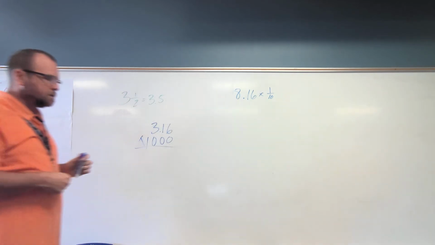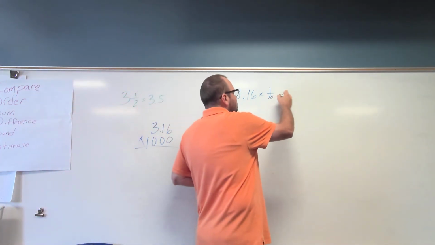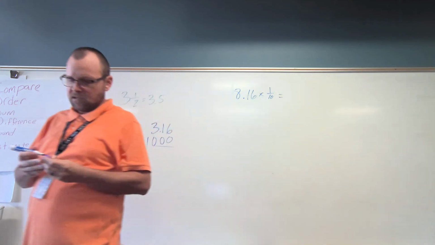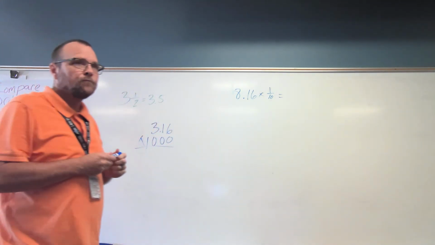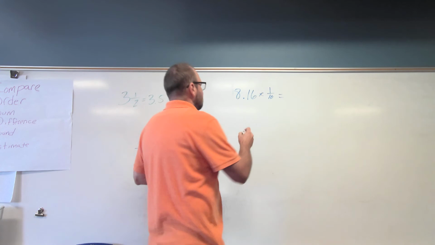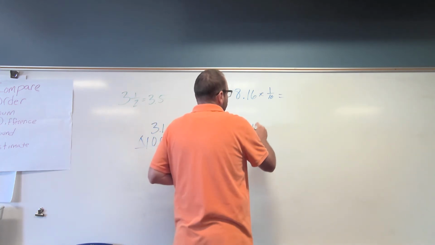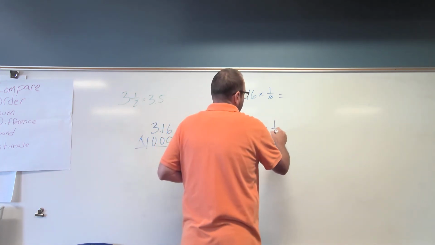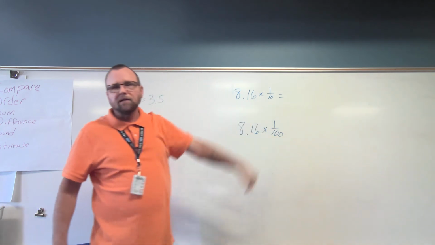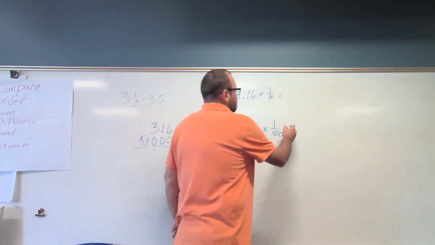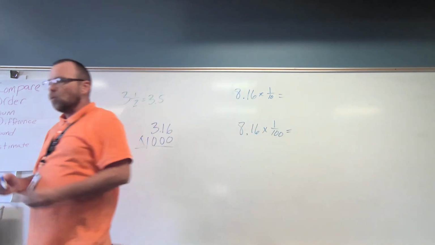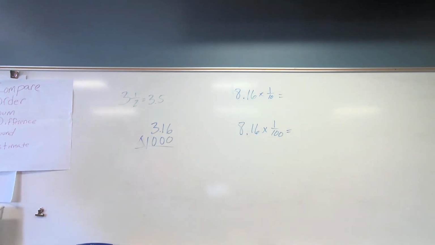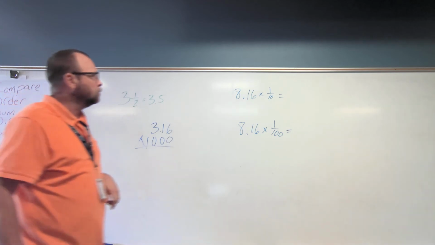So my product, my answer here, is going to be less than 8 and 16 hundredths. Multiplying by 1/10 is just like dividing by 10. Multiplying by 1/100 is just like dividing by 100.